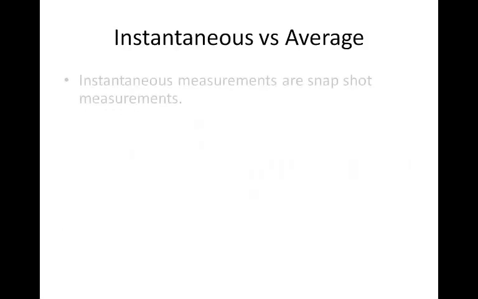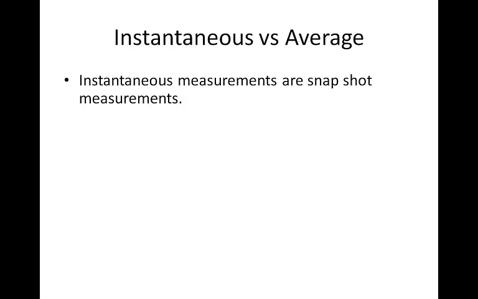All right, now there are two types of each of these measurements. You have instantaneous measurements, which are snapshots, so at some particular point in time. So in other words, if you look at the speedometer in your car, you're looking at instantaneous speed. Okay?